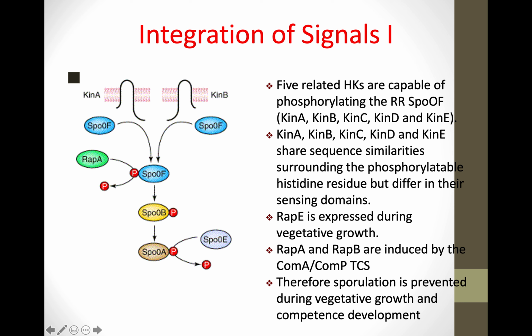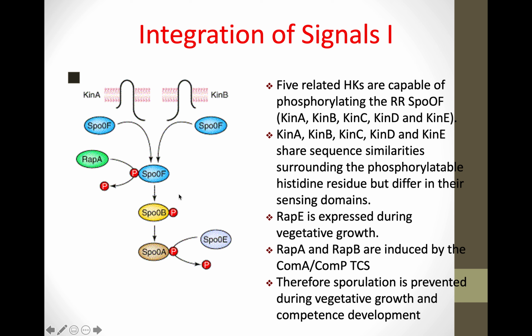All of the kinases share sequence similarities surrounding the phosphorylatable histidine residue, but differ in their sensing domains. Another protein is expressed during vegetative growth, and two other genes, RapA and RapB, are induced by the ComA and ComP two-component system.